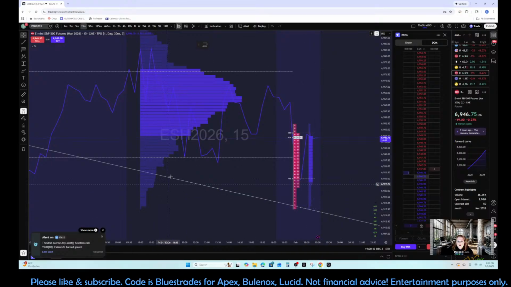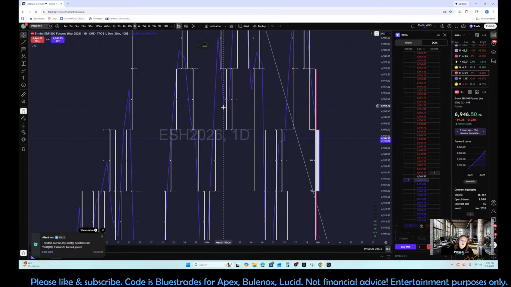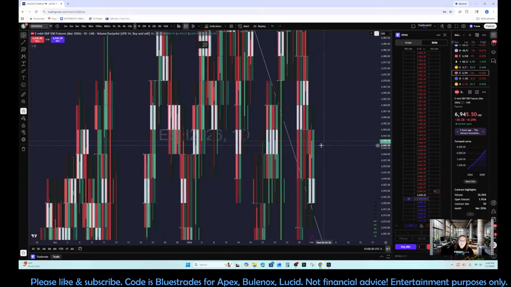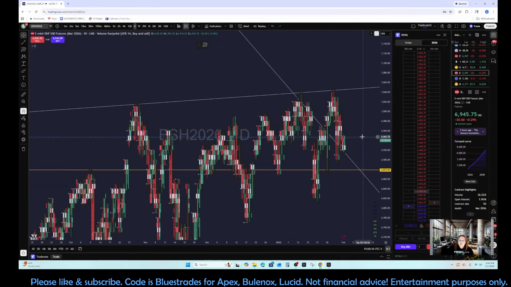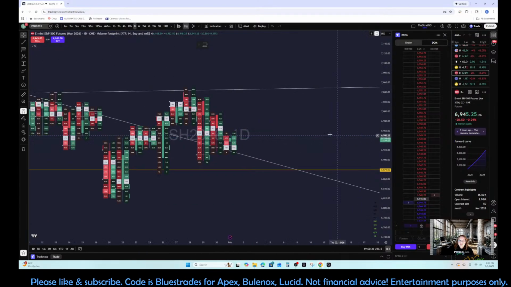Low volume node, they're going to push up to where the majority of the volume took place. So I do understand order flow, but I pretty much trade the strat and I don't deviate much from that.